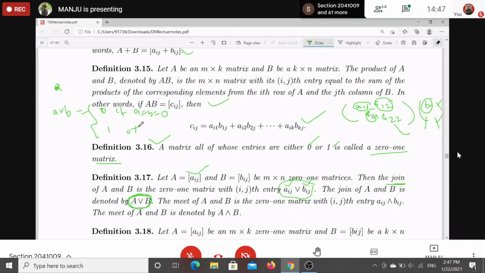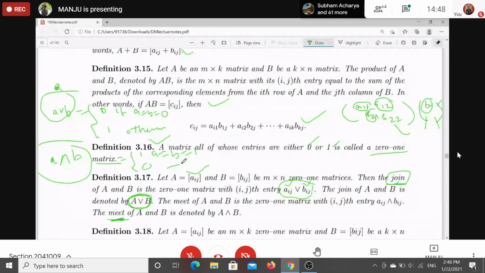And the conjunction of A and B, that is the meet of A and B. Disjunction is related to the join of A and B, and this is the meet of A and B. Meet of A and B is defined by the conjunction. This will be 1 if both A and B are 1, otherwise 0.